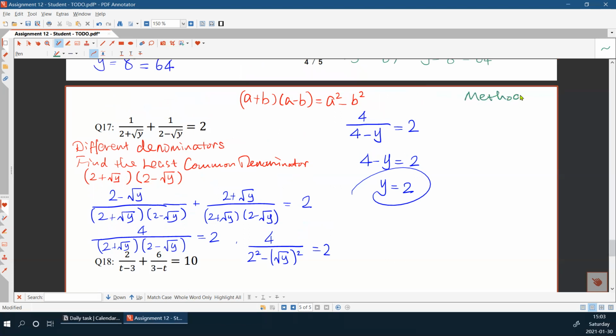Let's see method 2. In method 2, actually, we can multiply the least common denominator to both sides of the equation, right? So now you can multiply this common denominator to the left-hand side of the equation, which gives us this expression.